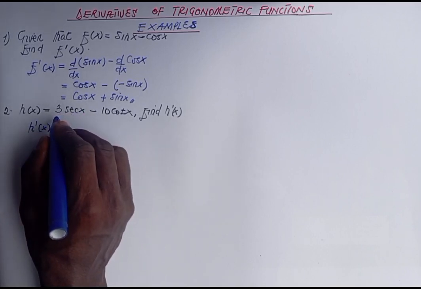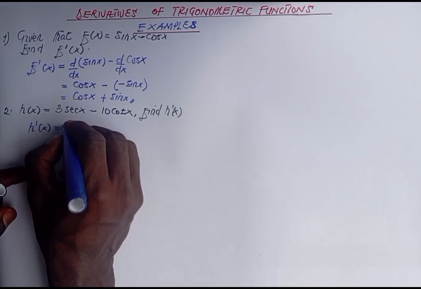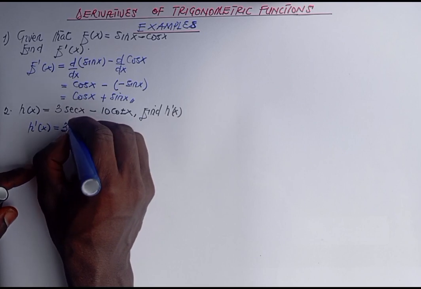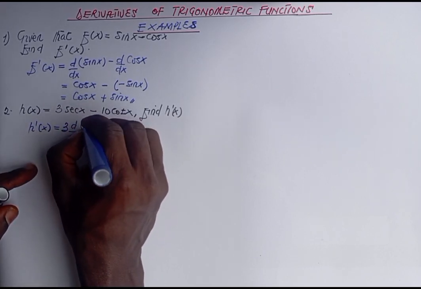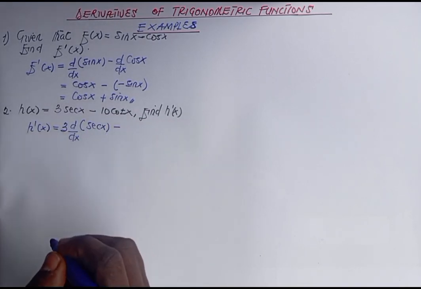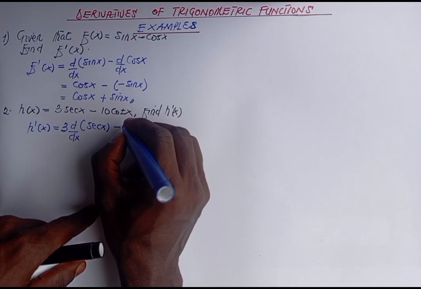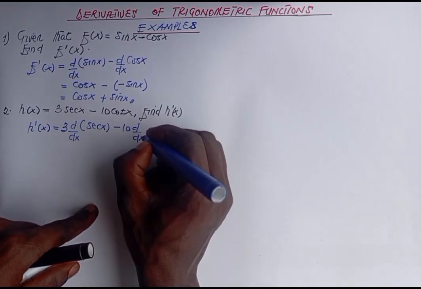Now remember, 3 is a constant, okay, so we can just factor the constant out. So we have 3, then we differentiate sec x. Then we have 10 cot x. We can factor the 10 out. Then we differentiate what? The cot x.